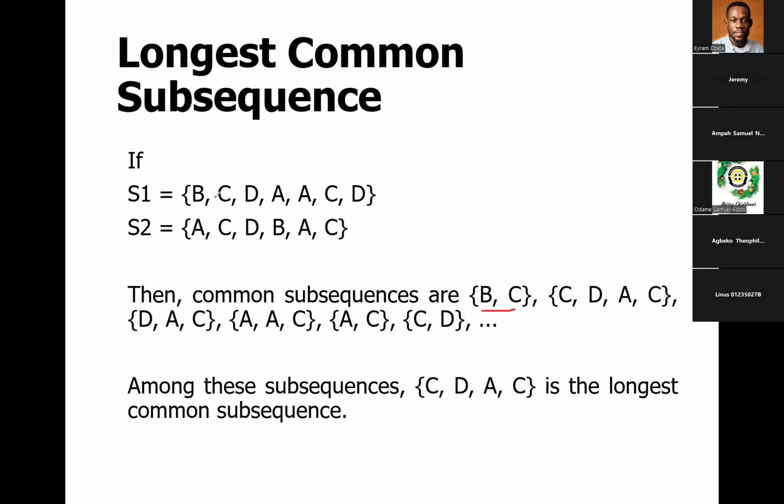We can have BC. When we come to sequence 2, we can have B here and C here. So this subsequence qualifies. Are you with me? I hope you are following. Yes, sir.